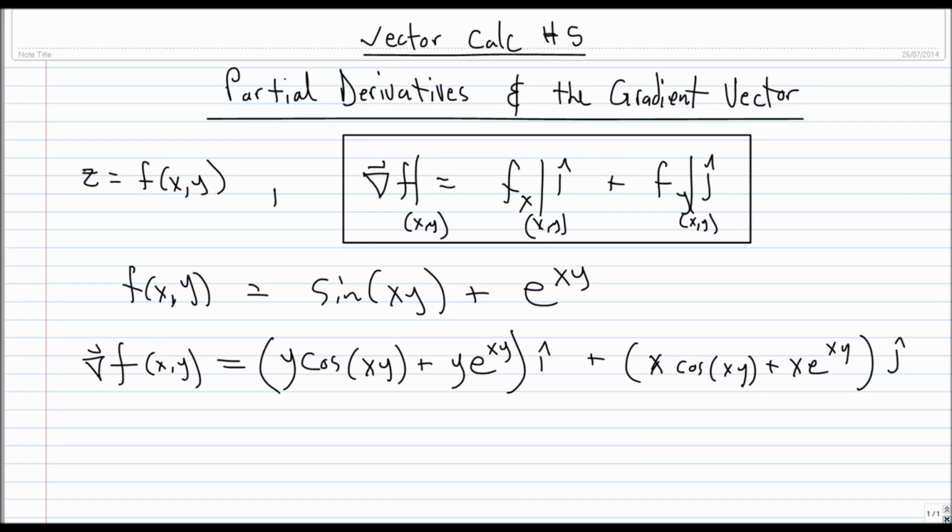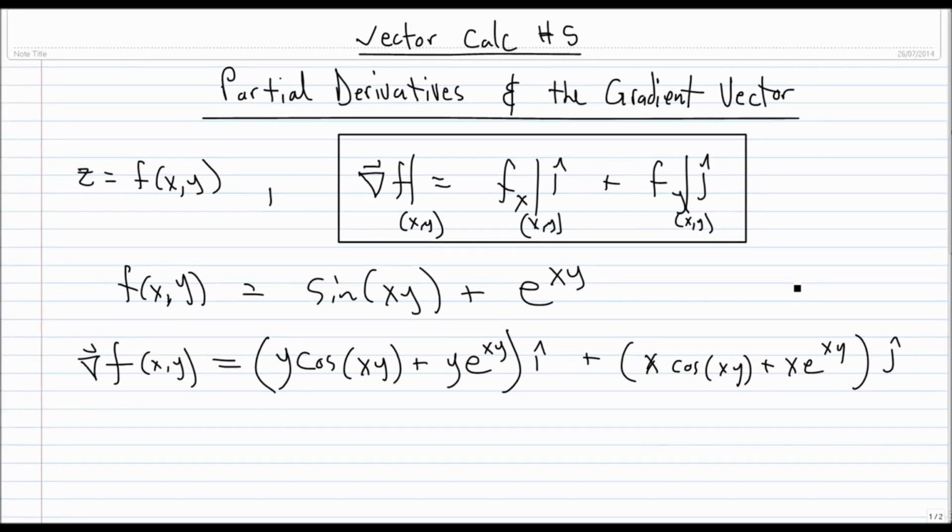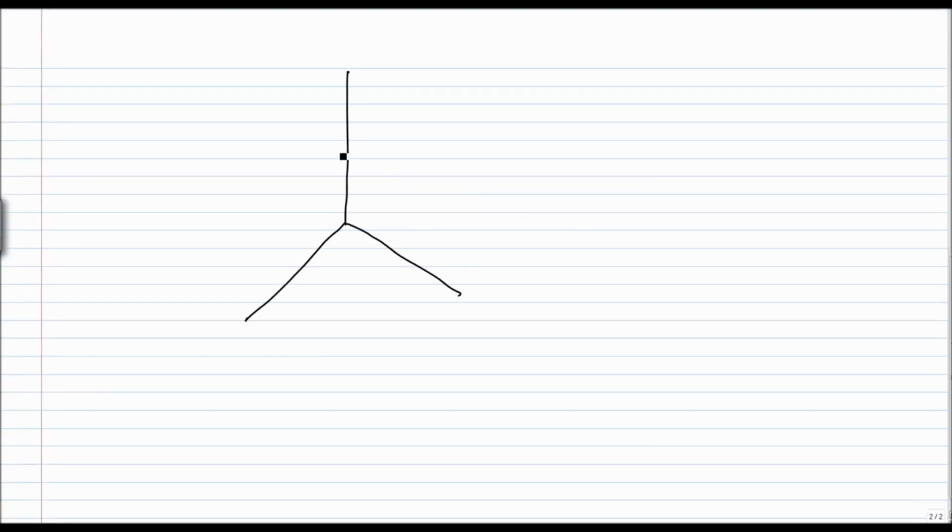Now, before we start looking at gradients more closely, I'm just going to tell you a couple things. Let's say that we have some surface that looks like this. Maybe it increases over here somewhere, and crosses the z-axis right there at some value.